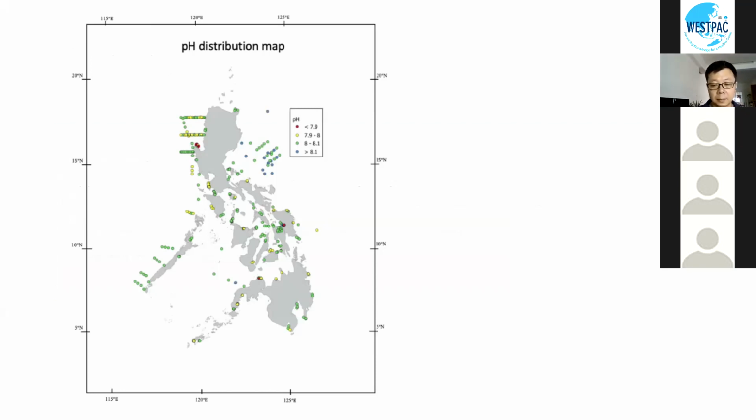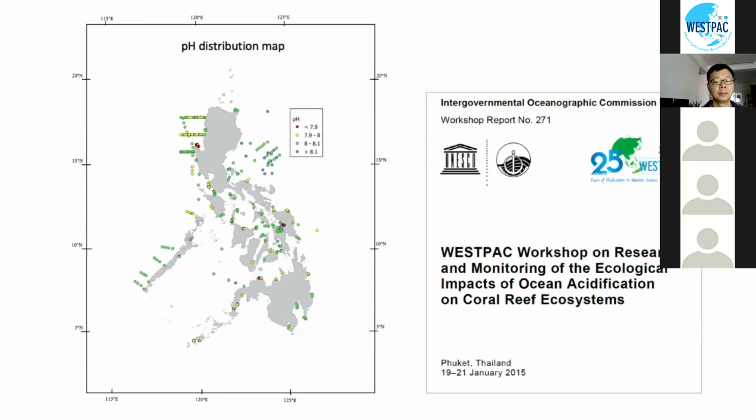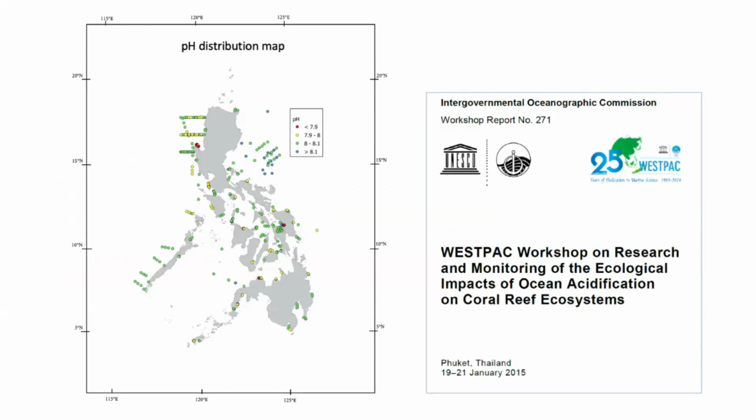I would like to start off by showing the pH distribution map of the Philippines, which is actually a work in progress. This map was inspired by the first WESTPAC workshop on research and monitoring of the ecological impacts of OA on coral reef ecosystems, held in Phuket, Thailand in January 2015. There were four other workshops that followed this first one.